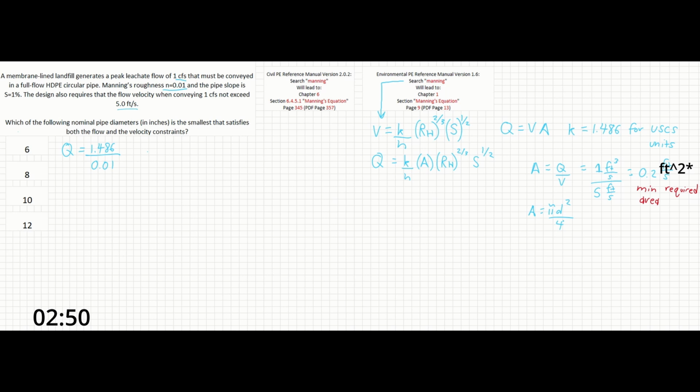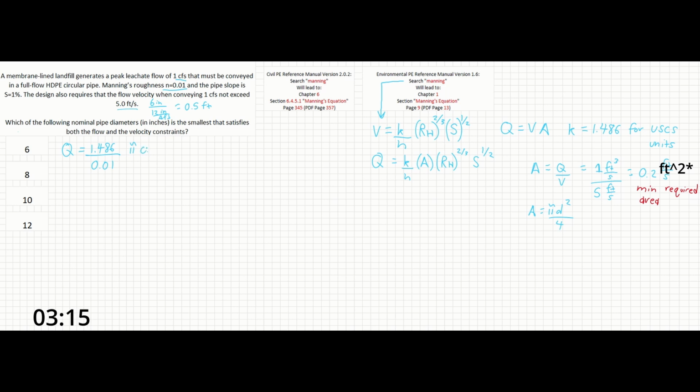So we can see that Q equals 1.486 over Manning's n of 0.01 times the equation for area of a circular pipe, which over here we'll write down A equals pi times d squared over 4.